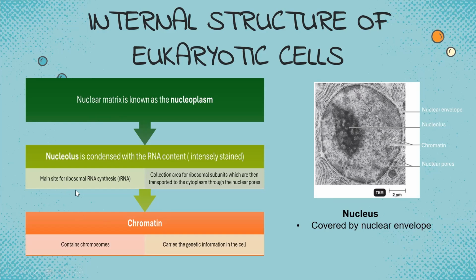The nucleolus is the main site for ribosomal RNA synthesis, and also the collection area for ribosomal subunits, which are then transported to the cytoplasm through the nuclear pores. And the chromatin in the nucleus contains chromosomes and carries the genetic information in the cell.